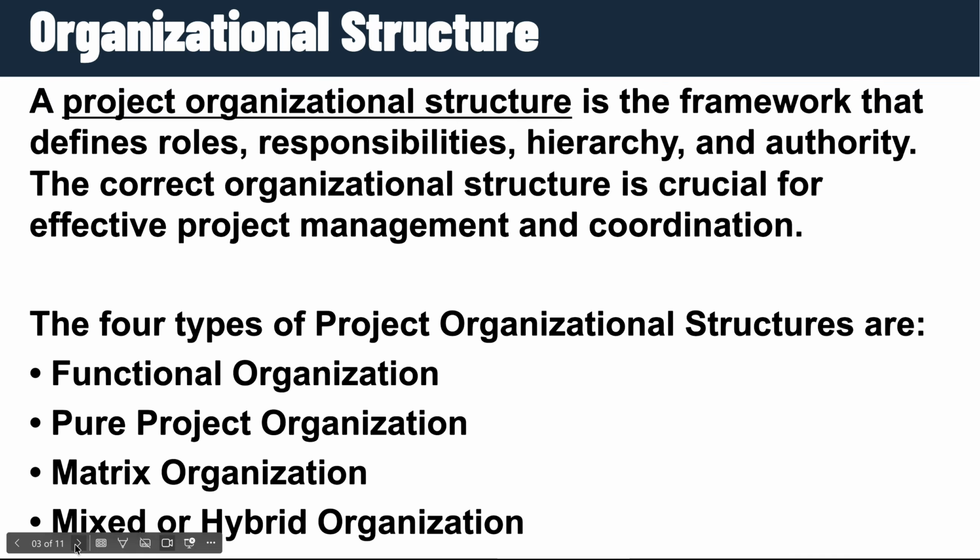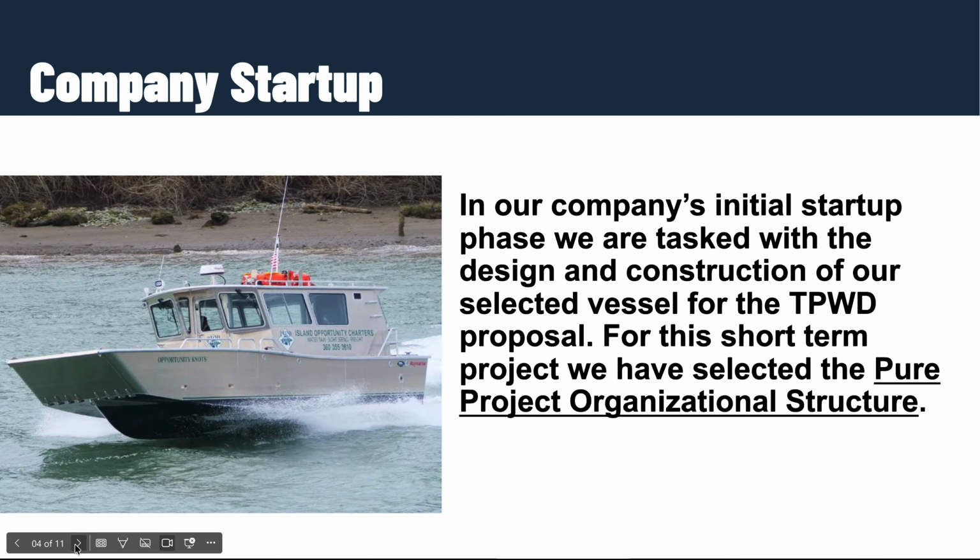and number of projects. In our company's initial startup phase, we are focused solely on designing and constructing one vessel for the Texas Wildlife Department proposal. Because this is a short term single project effort, we selected the pure project organizational structure.